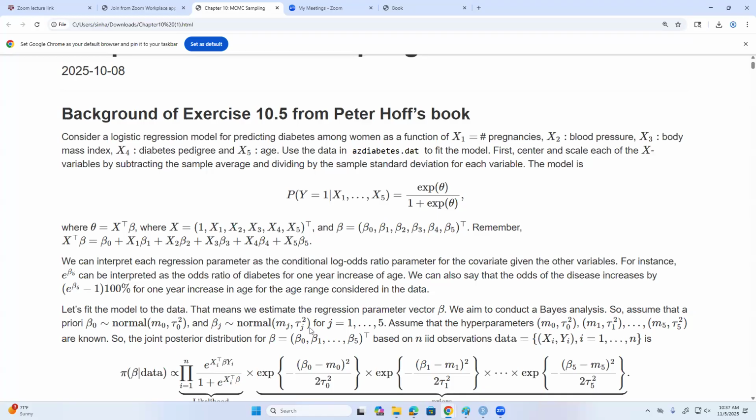And I allow them to vary. These parameters, m sub 0, tau sub 0 square, or m sub j and tau sub j square, are called the hyperparameters. These are the parameters of the prior distribution.